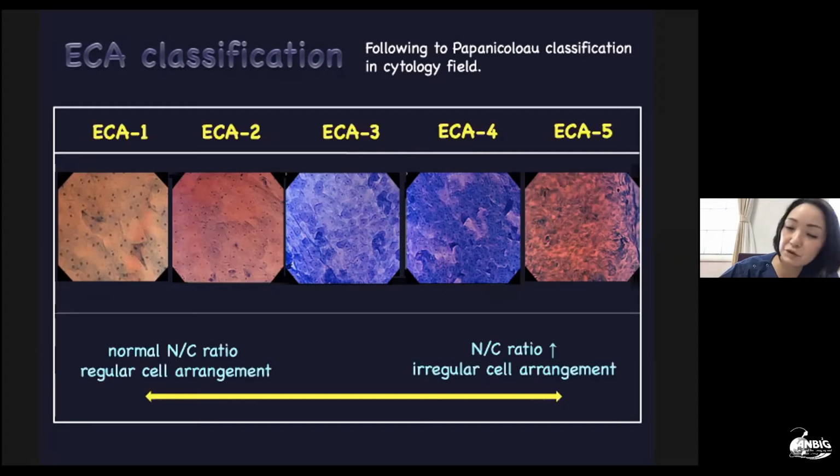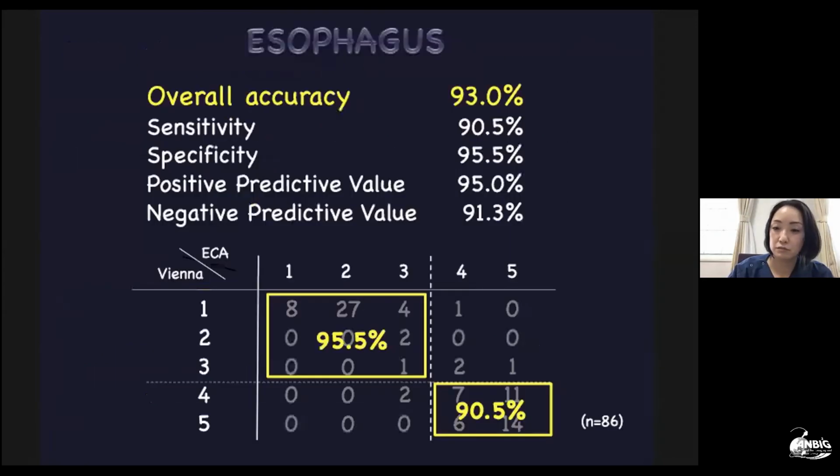I think we thought it was easier to comprehend for the side of following the cytology field. With this classification, the results are tolerable, with overall accuracy greater than 90%, 93%, in cancer versus non-cancer comparison.